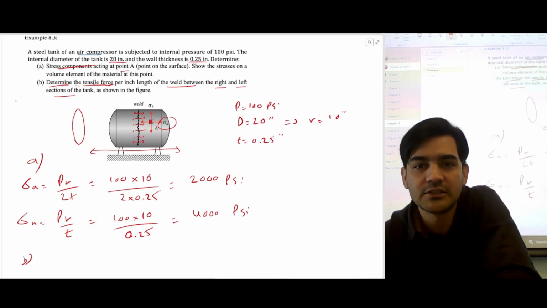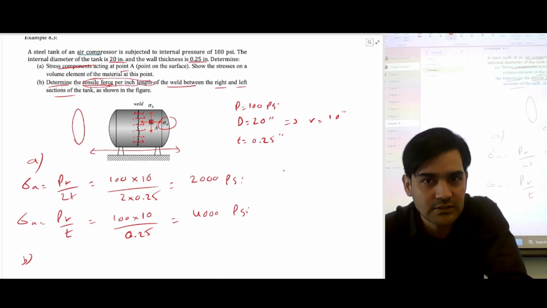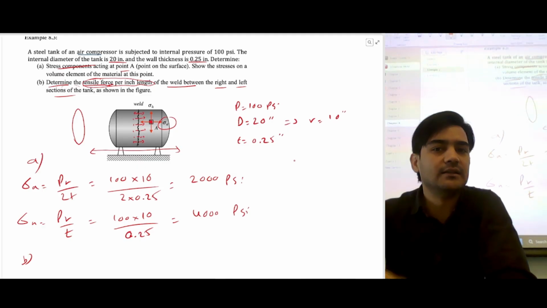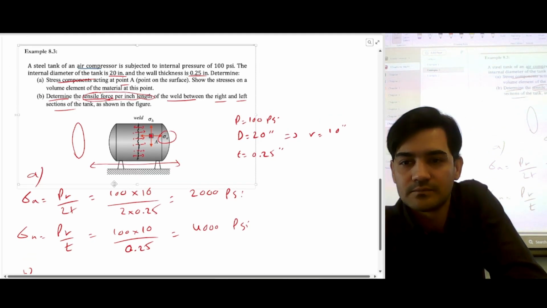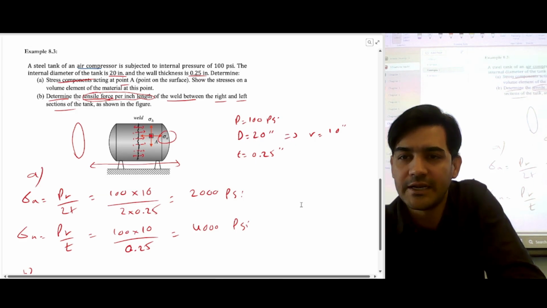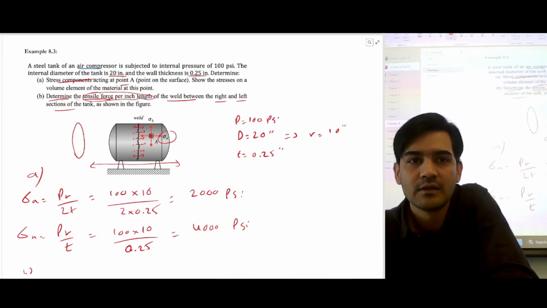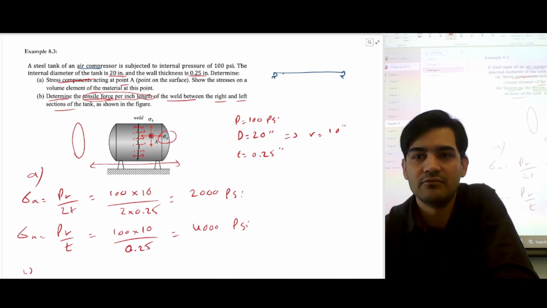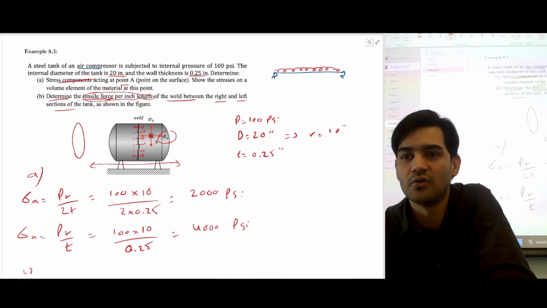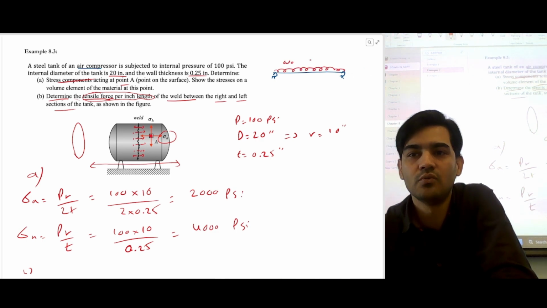So the question is to determine the tensile force per inch length. First we'll calculate the force, and then we'll divide by the length, so we'll get force per inch length. For example, when we had a simply supported beam with a uniformly distributed load, this W was given in pound per inch.